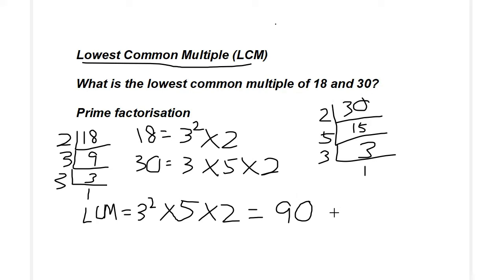So you do this check to see if it is divisible. If it's divisible, there's a higher chance that you are not doing anything wrong. But yeah, that's about it for lowest common multiple.